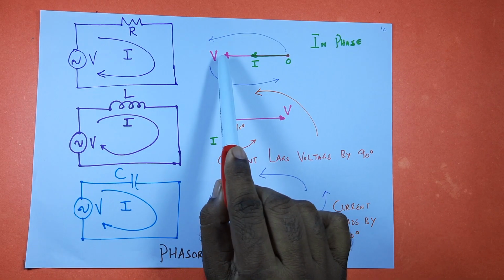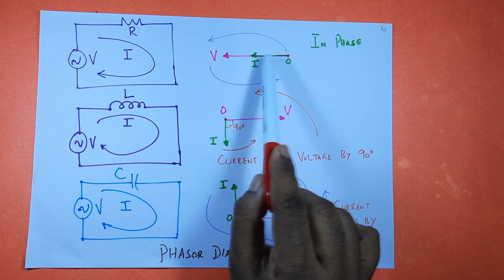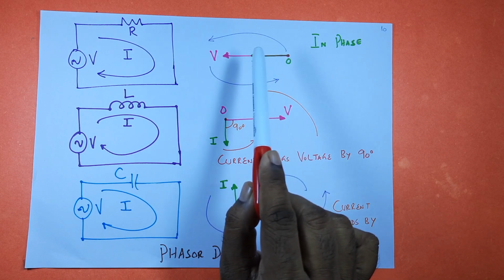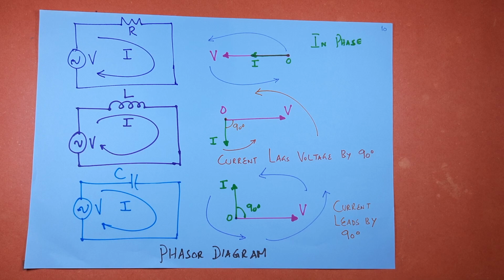Now, this voltage V and this current I are both lying on each other, so there is no angular difference between the voltage and current. So when you apply a sinusoidal AC signal to a resistor, both voltage and current are in phase. In other words, there is no phase difference between voltage and current in a purely resistive circuit.